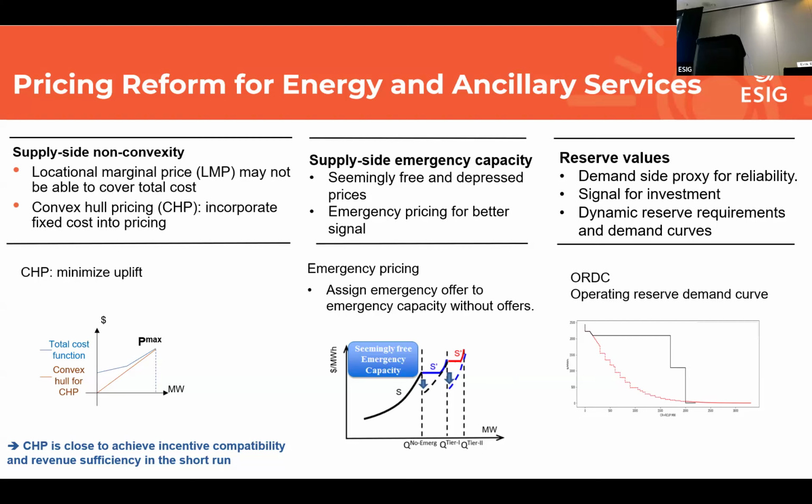And then in the end, we talked a lot about the reserve market. In general, the market has the operating reserve demand curve, the ORDC, to reflect the value of the reserve. But one issue is that at the very tail end, it's a low probability event, so the demand curve value is very low.